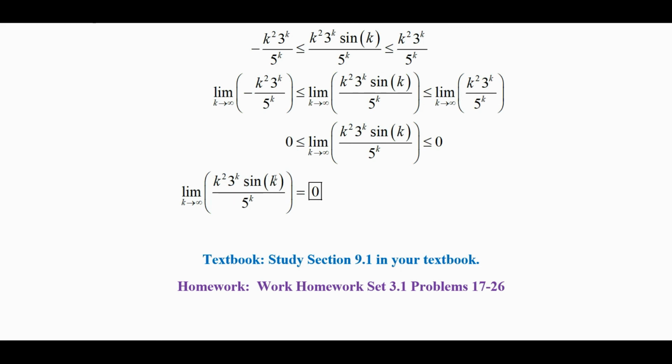So at the moment we're going to ignore the sine of k. 3 to the k over 5 to the k is 3/5 to the k, which is a geometric sequence, an exponential function, that is going to converge to 0. It's going to dominate over the k squared. Multiplying by the sine is not going to change that. It's going to force the whole thing down to 0.